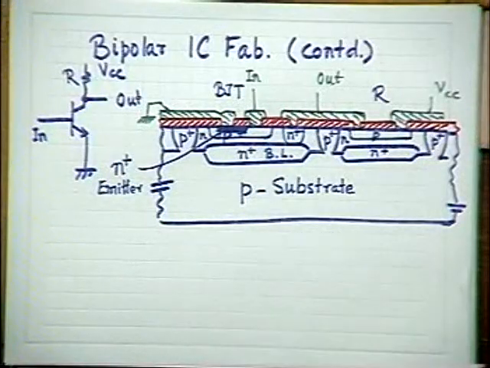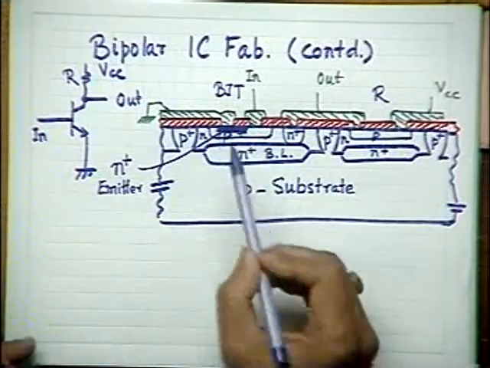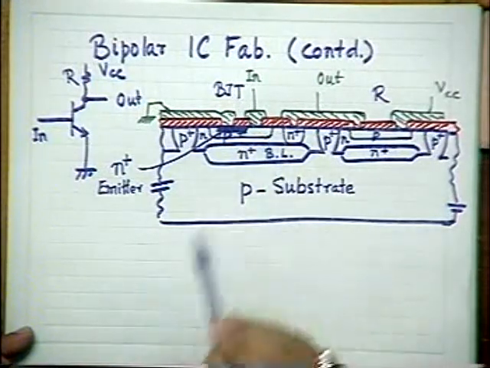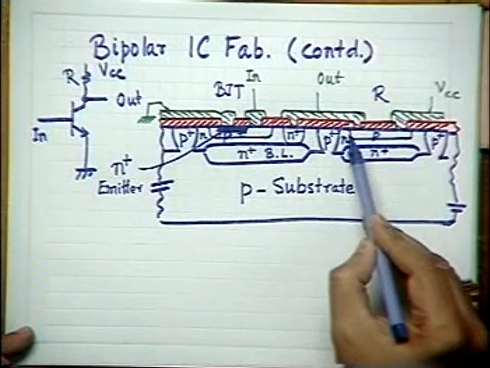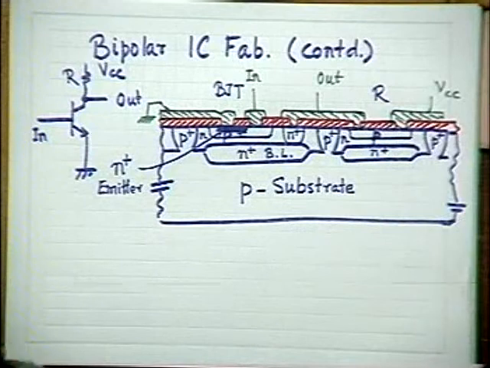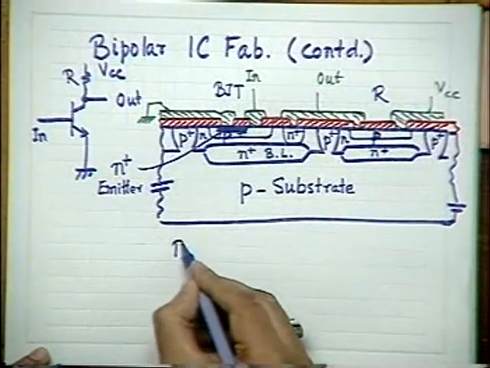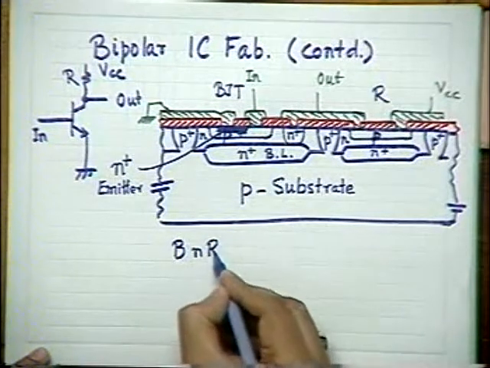For example, we have carried out the P-type base diffusion, and the P-type diffusion for the resistor formation simultaneously. Therefore, these two diffusions normally are called BNR diffusion.